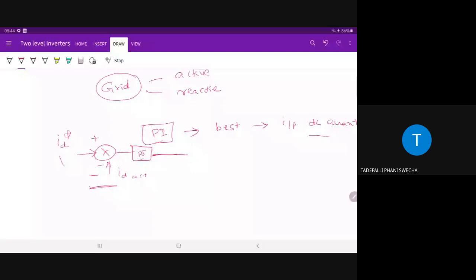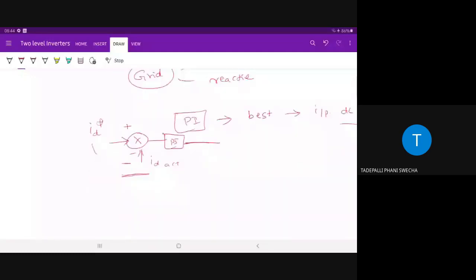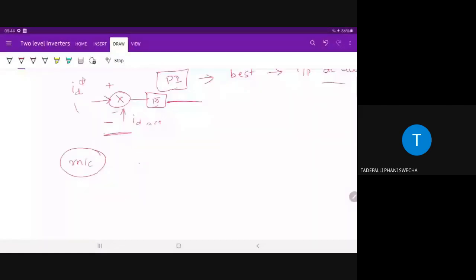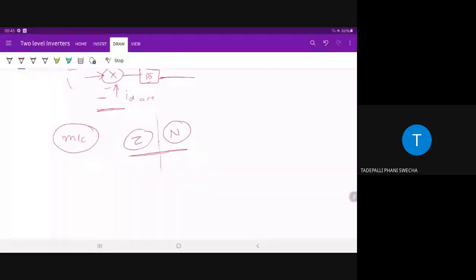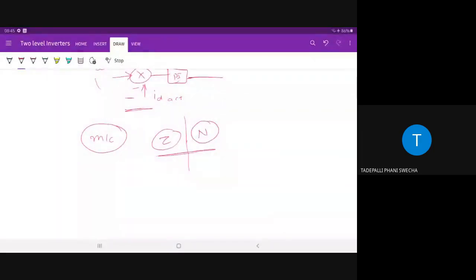Moreover, in the case of a machine, you have torque and speed, and by using this DQ reference frame you can separately control the speed and the torque of the machine. All these things are not important right now. You will learn them in depth in the separate machine modeling course for PED.